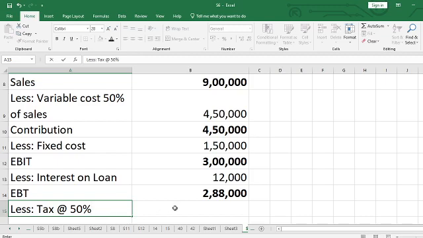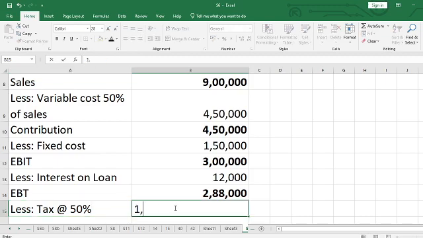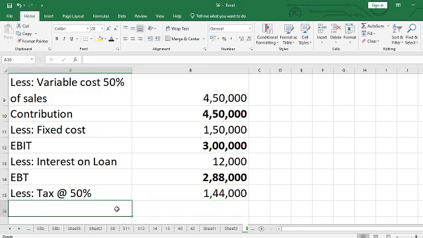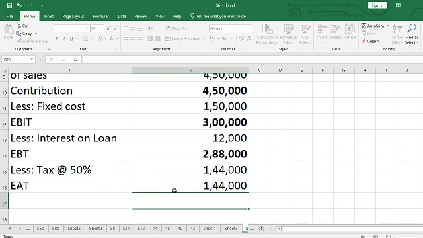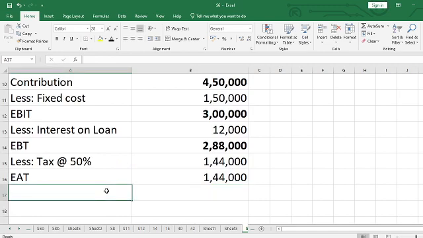So 50% of this means 1,44,000 tax we pay. So the answer is earnings after tax, that is 2,88,000 minus 1,44,000, so 1,44,000. So this much is sufficient for the calculation of leverages, and we can also calculate the EPS.